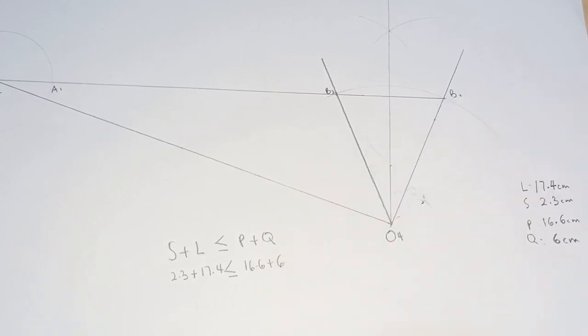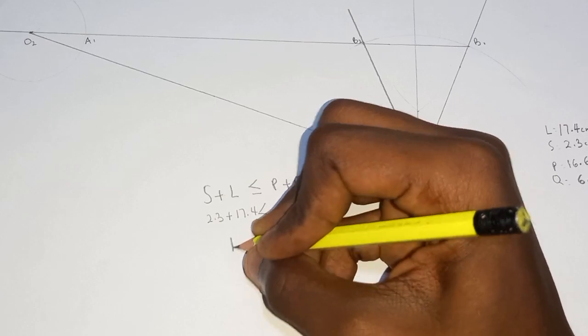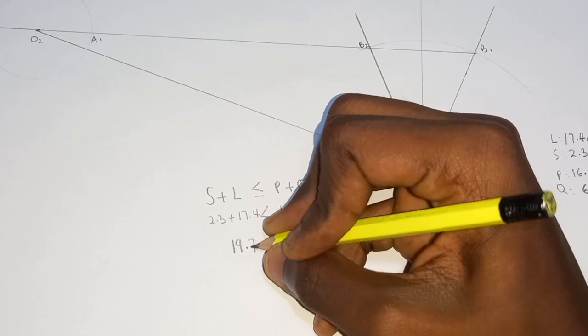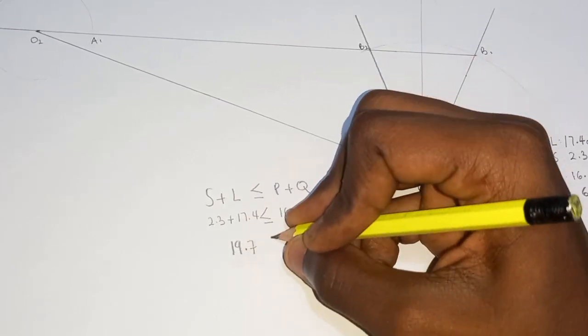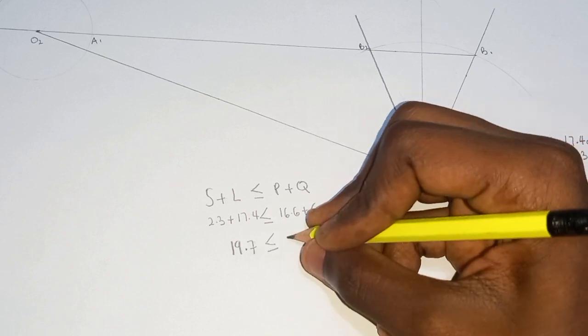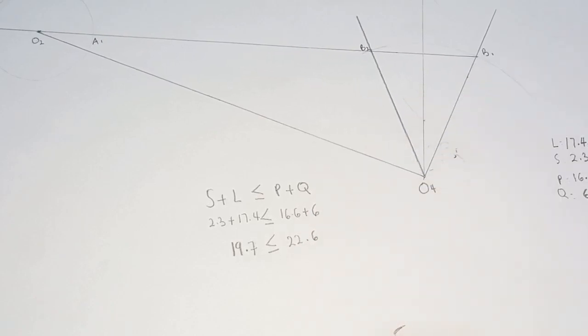By adding, we get 19.7, which must be less than or equal to 22.6. So 19.7 is less than 22.6 centimeters. So this obeys the Grashof condition.